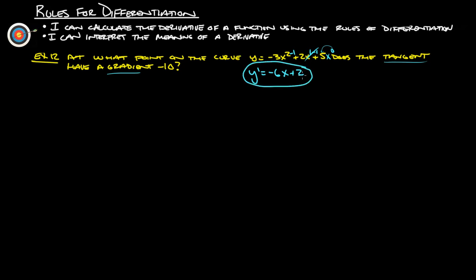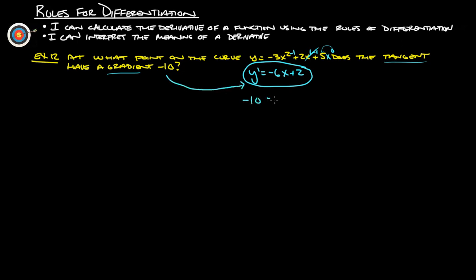Okay? Now, it says, at what point on this curve does the tangent have a slope of -10? So if we plug in a number, it will tell us what the slope is. What they're saying is we know the slope. What's the x value going to be? So what we want to do is -10 is going to go in for this y prime right here.